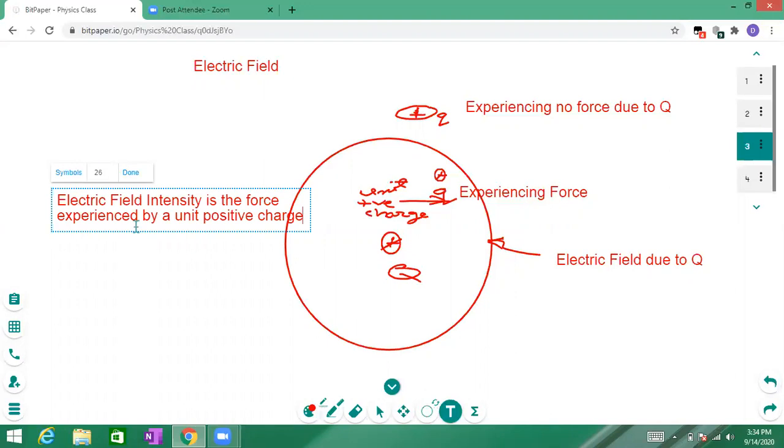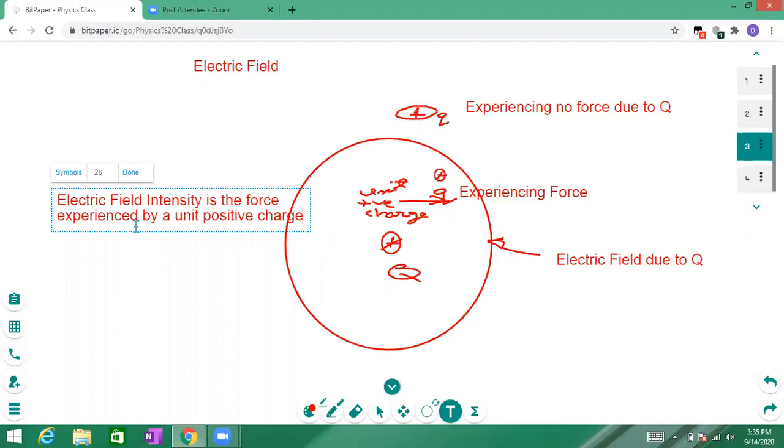Again, we know from Coulomb's law that the force between two charges depends upon the distance between them. Therefore, at different points in the field, the distance of the unit positive charge from the central charge changes.